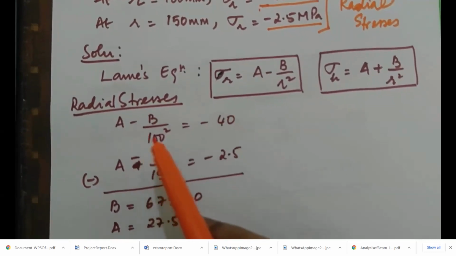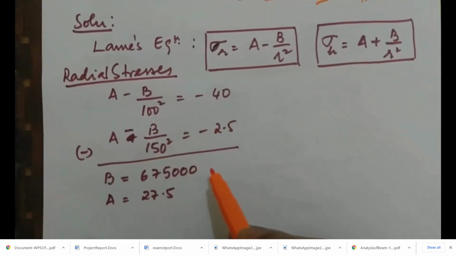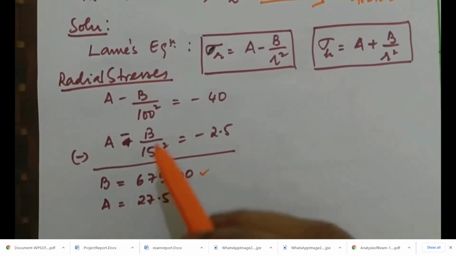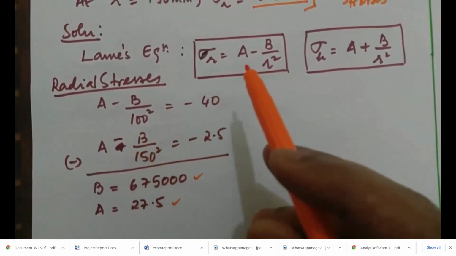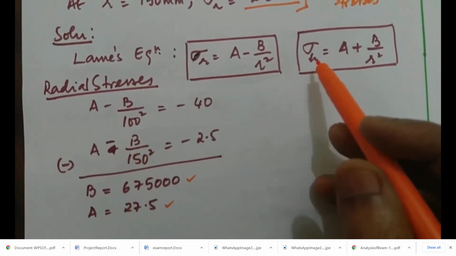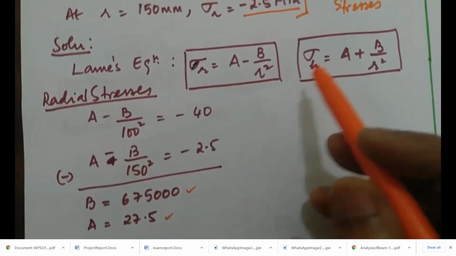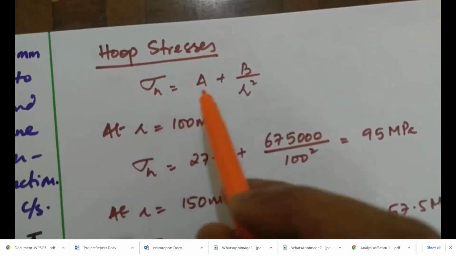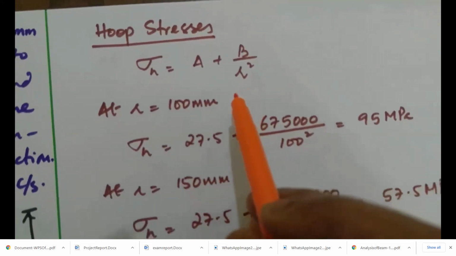Both are expressions for radial stress. We solve them simultaneously and we get the value of B and the value of A. Once Lami's constants are obtained, we can plug them into the hoop stress equation and find the values at inner and outer radial distances. So we are now calculating the hoop stress. Sigma h is equal to A plus B by r square.